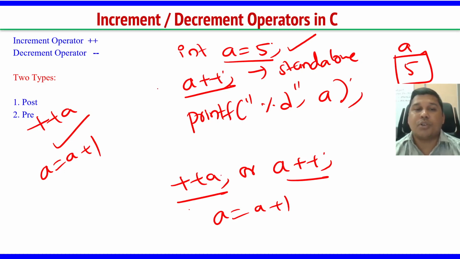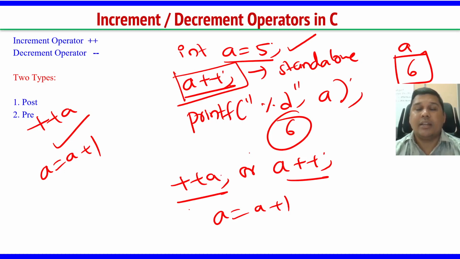Here also, because of this post-increment a++, the value of a becomes 6, and I will print the value 6. Why? The first rule: if they are written as standalone statements, not involved in any other programming statement or arithmetic expression, then whether it is pre or post, the value increases by 1.